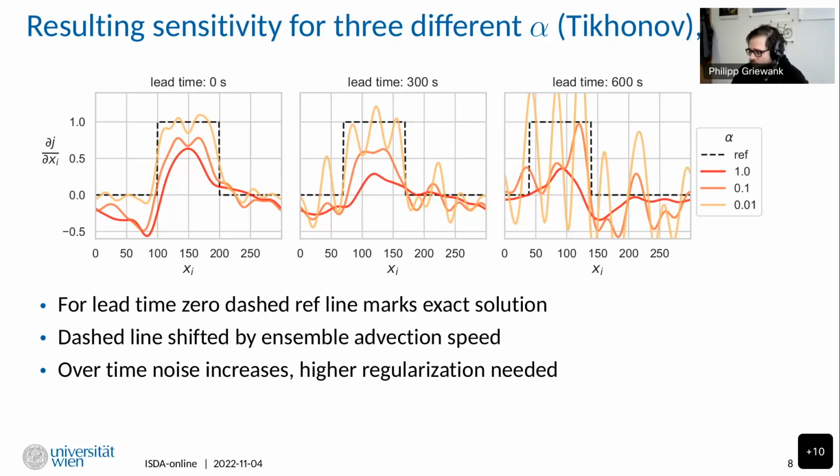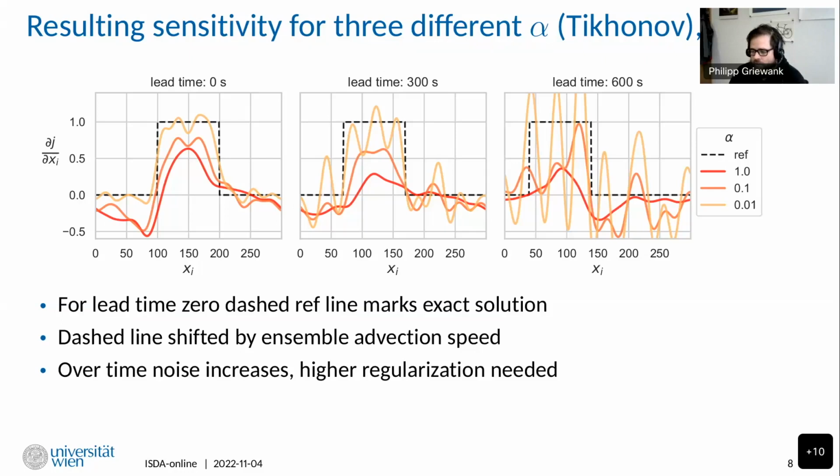Now shown in these three red lines is the sensitivity we computed using the Tikhonov regularization. If we look at the 0 second lead time and the low regularization, we can see it's doing quite well. Then as you go to longer lead times and this linear sensitivity assumption starts to break down, you can see that things get noisier and noisier, and you do need more and more regularization to damp these oscillations that occur.